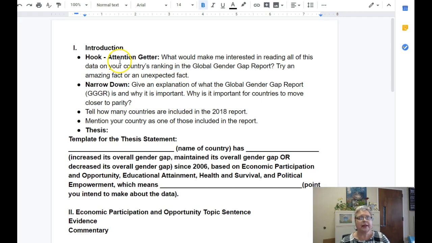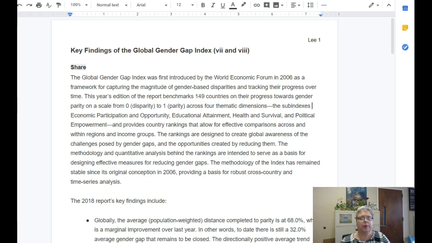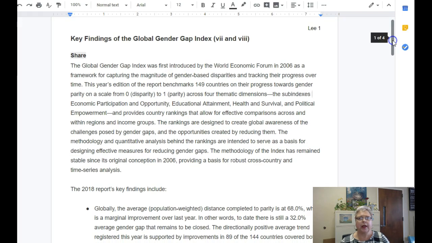So start narrowing it down by explaining what the Gender Gap Report is, why it is important, and why it is important for countries to move closer to parity or equality. So this is where I included this key findings report. I just copied and pasted this from the actual Global Gender Gap Report, and all this information came from the introductory part.